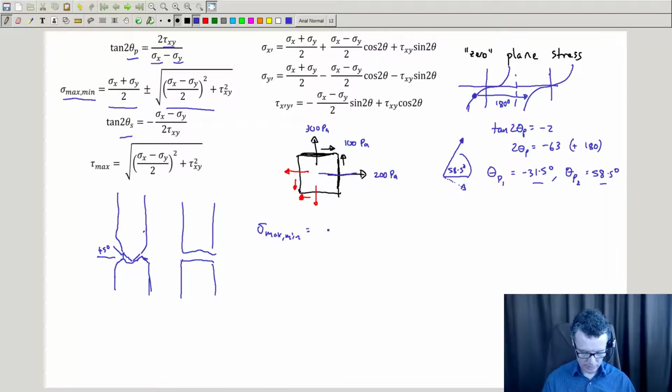So here we've got 200 plus 300 divided by 2, so 250. And then do a plus or minus. So I've got 200, take away 300, divided by 2. When I square it, it should become positive, plus the 100 squared, take the square root of that, and then I end up with 111.80.